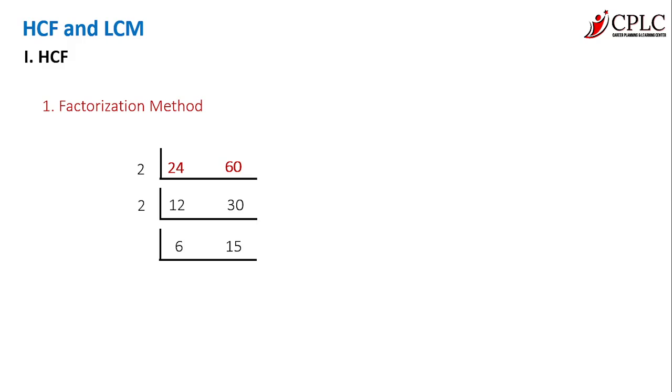And eventually now we can say that both numbers are divisible by 3. If you divide them by 3, you are left with 2 and 5. Now these numbers 2 and 5 that are left are not divisible by any common factor, and that is the point where we need to stop.